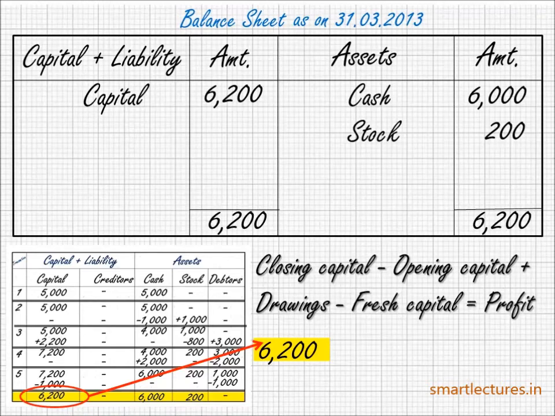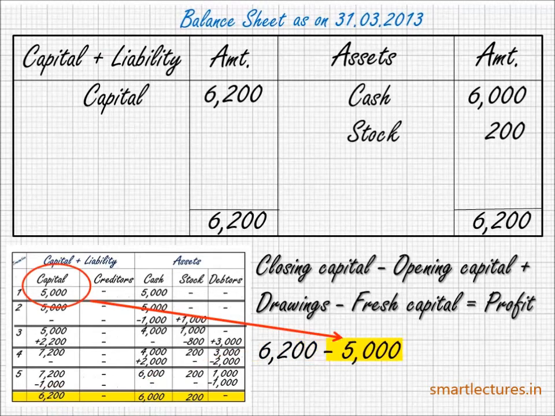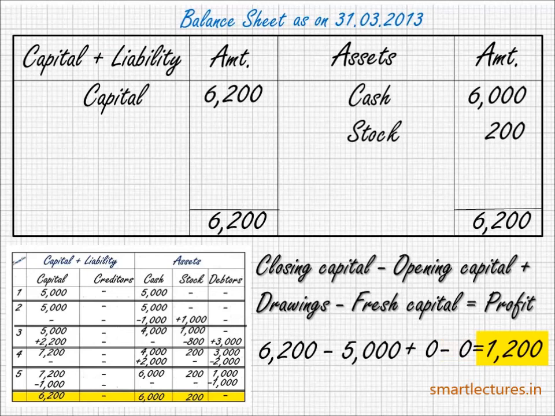Opening capital, in the beginning, was rupees 5,000 if you look at the accounting equation format. Plus drawings, there were no drawings, so plus 0. Minus fresh capital, there was no fresh capital during the year, so minus 0. That is equal to 1,200. It means during this year, this firm has made a profit of rupees 1,200.